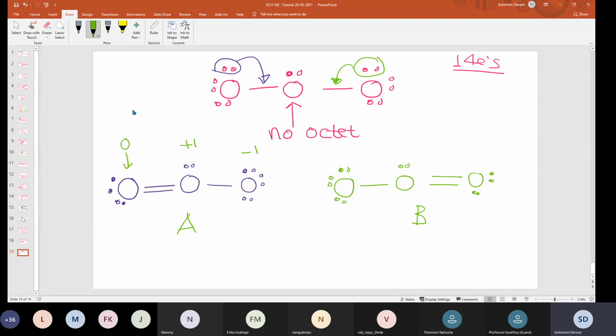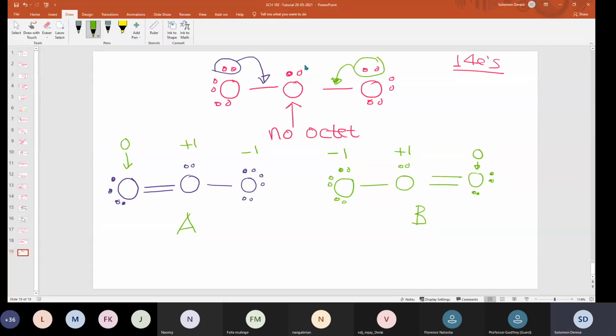Similarly, this one is -1, the one in the middle is +1, and the one on this side is 0, neutral. Is there a difference in terms of charges between the two? None, isn't it? So for this particular molecule, we have two possible structures, A and B.